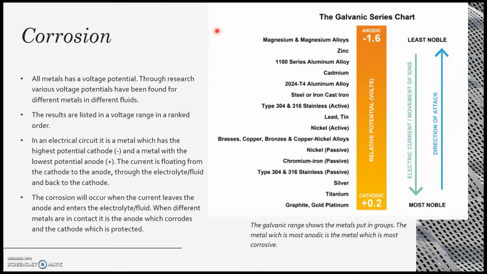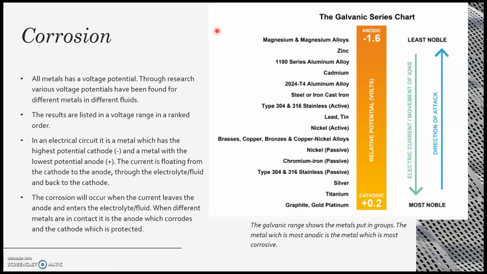All metals have a voltage potential. Through research, various voltage potentials have been found for different metals in different fluids. The results are listed in a voltage range in a ranked order. In an electrical circuit, a metal which has the highest potential is the cathode, minus, and a metal with the lowest potential is the anode, plus.